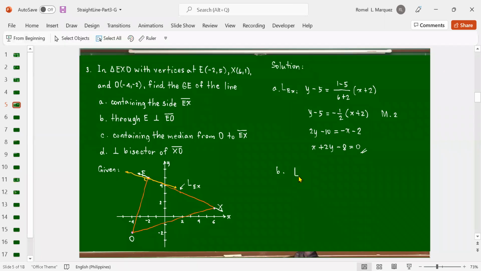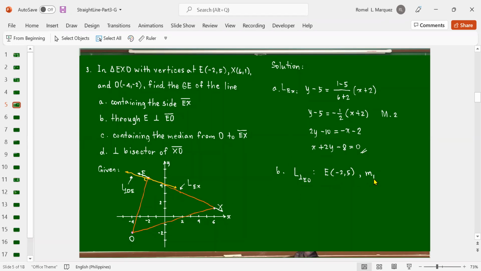So for the line perpendicular to EO, this yellow line perpendicular to EO, we need what? We need this point E, which is negative 2, 5, and the slope perpendicular to what? The slope of the line perpendicular to the required line, meaning, what is perpendicular to the required line?